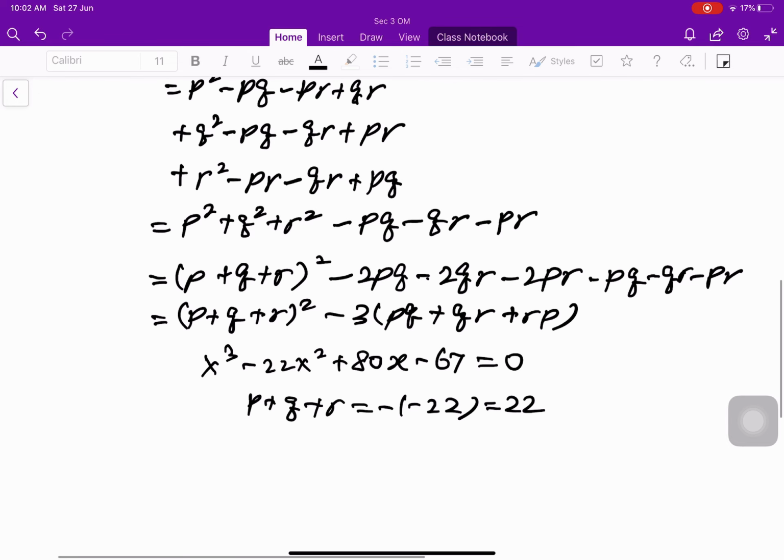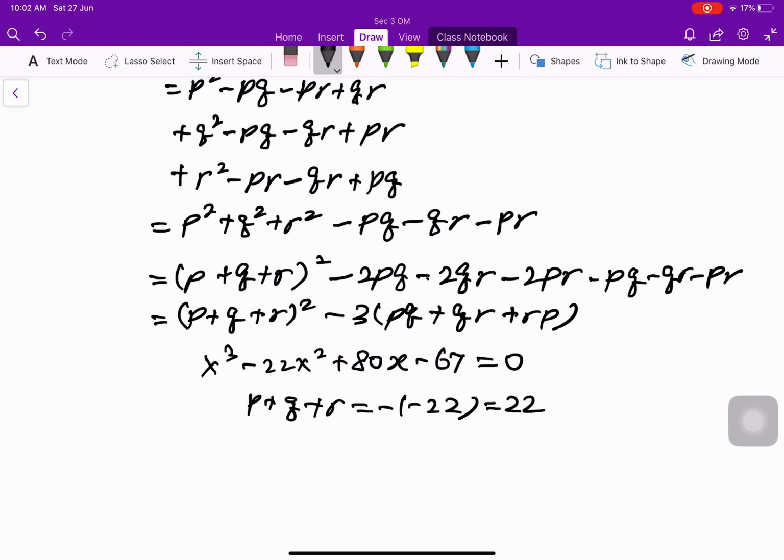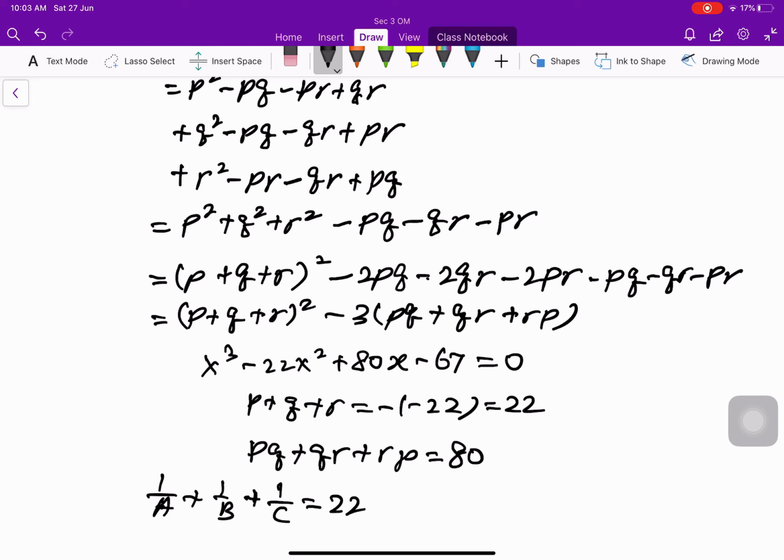Then let's look at the pairwise products of roots: PQ plus QR plus RP will be just equal to 80. Once you substitute these two values, 1 over A plus 1 over B plus 1 over C is 22 squared minus 3 times 80, which is just equal to 244, and hence you solve the question.